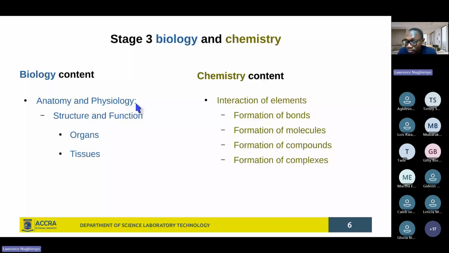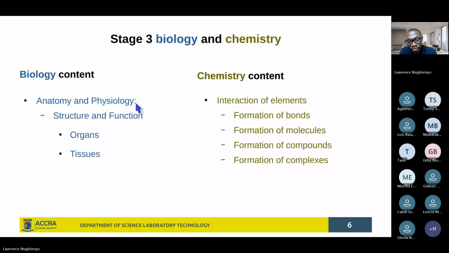Is it a covalent bond? Is it an ionic bond? Van der Waals forces, hydrogen bonds? You start talking about these things. Formation of molecules. Once there are formation of bonds, there can be formation of molecules. And there can be formation of compounds, that is bonds between atoms of different elements. And there can be formation of complexes.